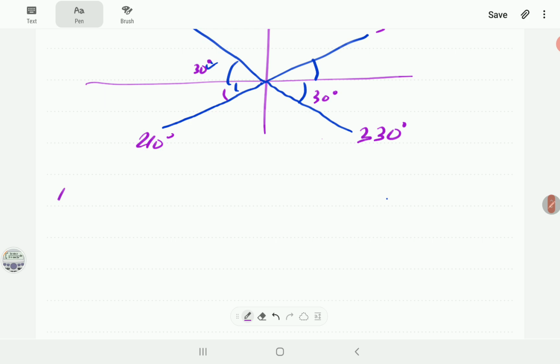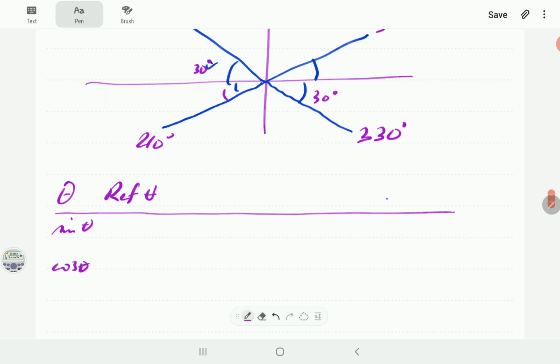Okay, so let's see what happens with this one. I'm going to write theta, ref theta here, then I'm going to work out sine theta and cosine theta.